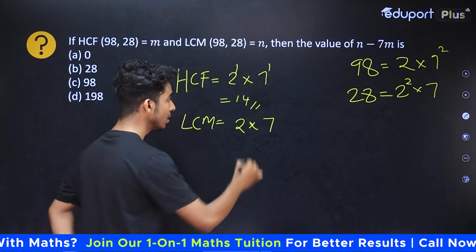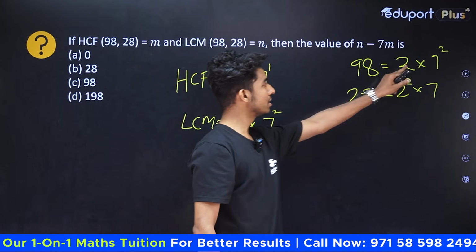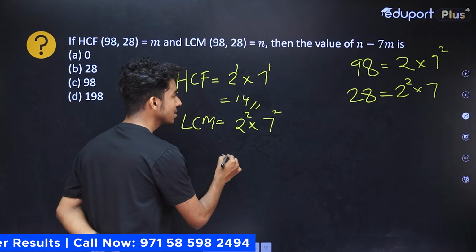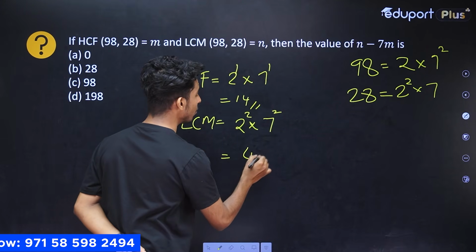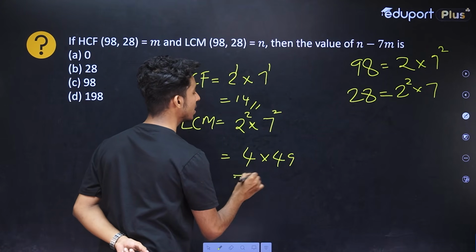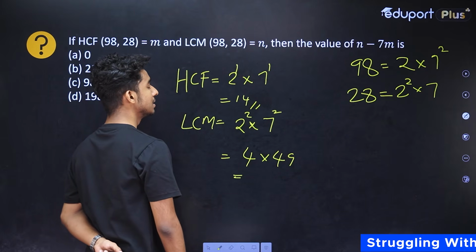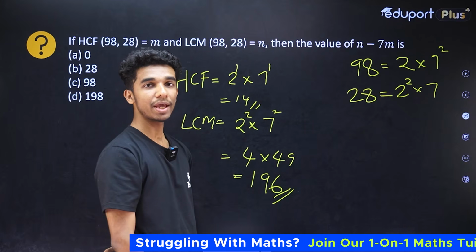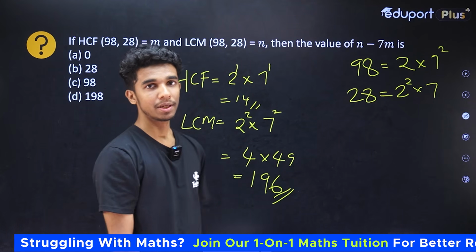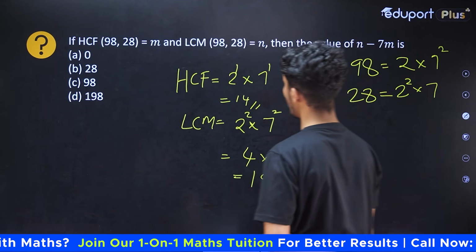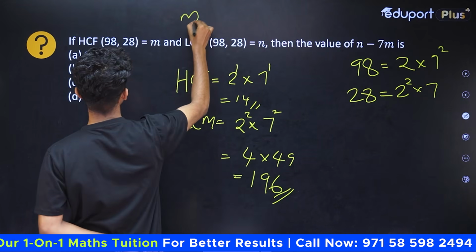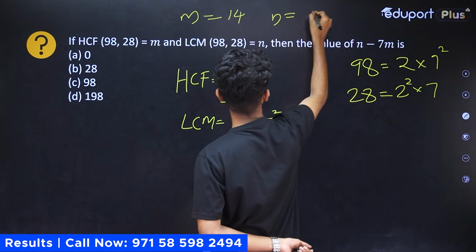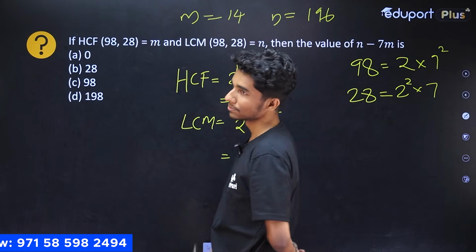Their highest power is 2 square into 7 square. 2 square is the highest power, so I have taken 2 square into 7 square. 2 square is 4. 4 into 7 square is 49, which is 196. Now we have got that M is 14, N is 196.